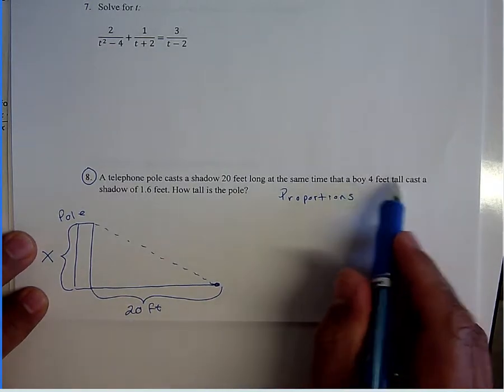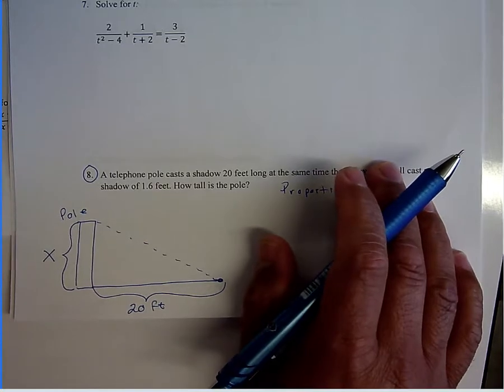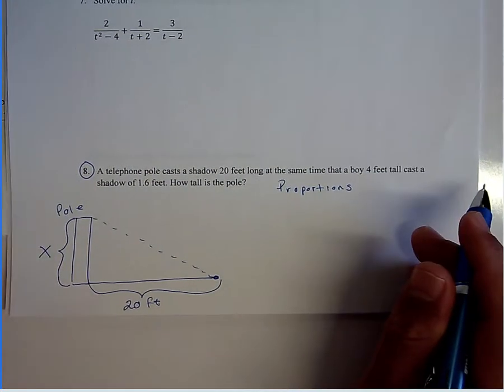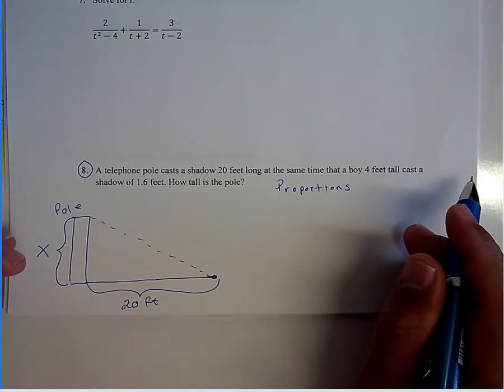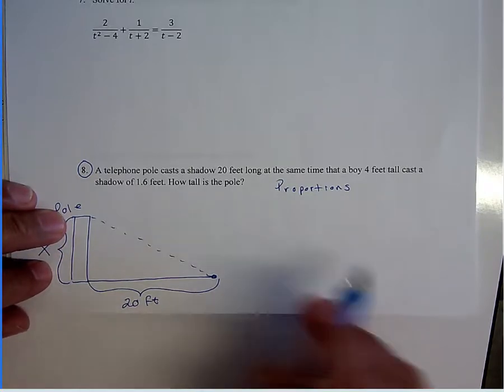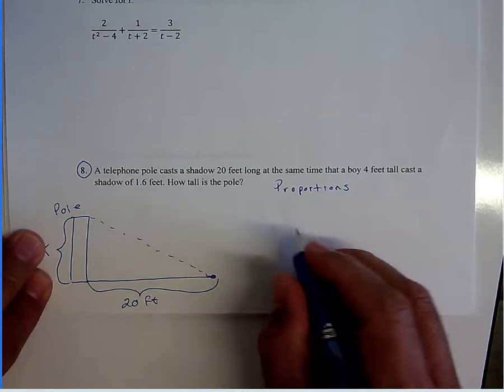Now this is gonna help us find this, since the sun is hitting this way, the sun is hitting the pole. So this length has to be proportional with the length of the shadow of the boy. So there's a boy.